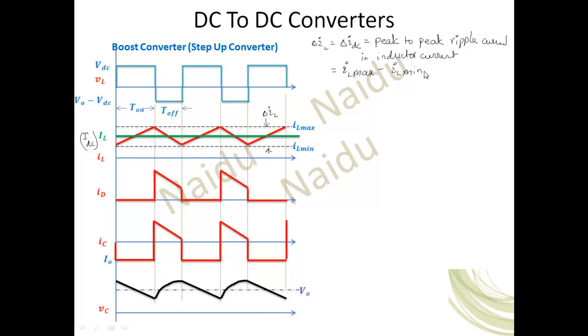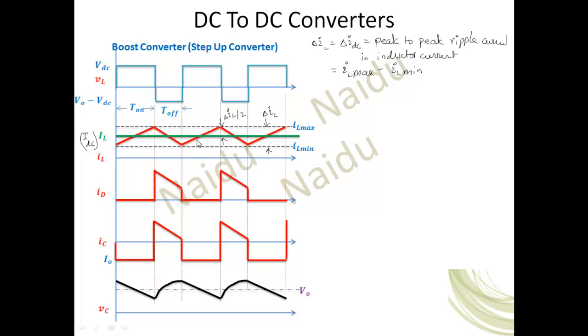That's what you need to remember. The average inductor current is exactly in the middle of these two, which means this difference is delta IL by 2, and this lower difference is the same thing, delta IL by 2.